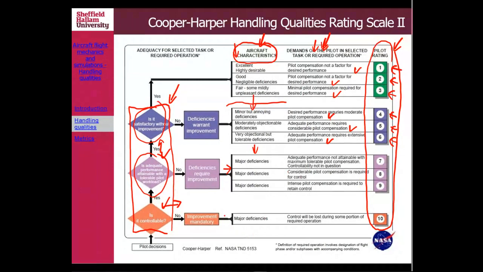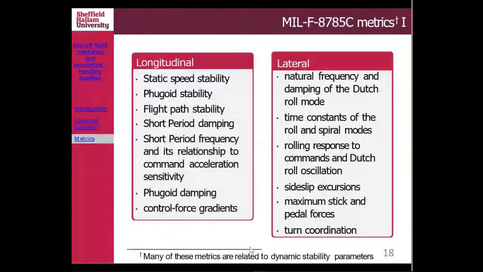Okay, now hopefully there will be no improvement mandatory. If there is improvement mandatory, it means your aircraft needs to be thoroughly redesigned, perhaps in terms of the flight control system, perhaps also in terms of stability. Okay, right. So that is what you need to consider.